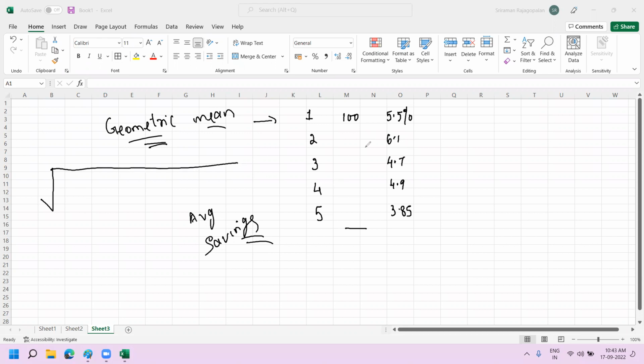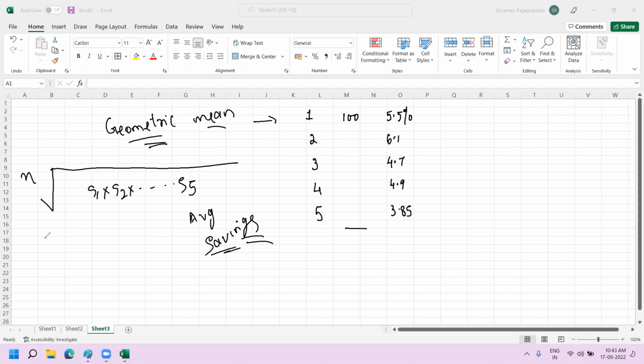the multiplication of the numbers that you want to calculate the mean for. So let's say the value is savings. So saving 1 multiplied by saving 2 multiplied by up to saving 5. And then calculate the nth root of the multiplication of all these values.